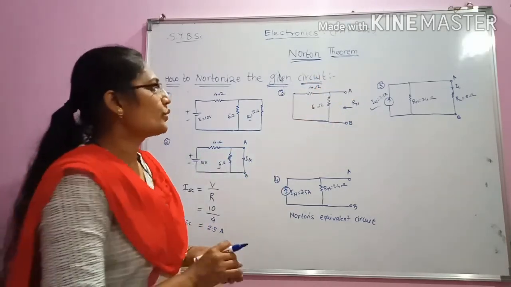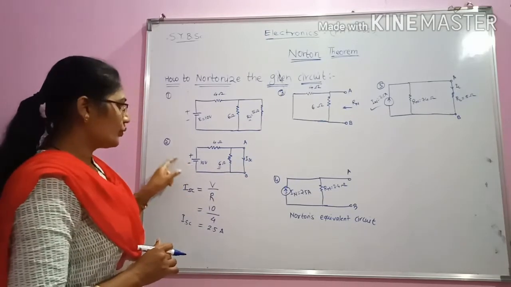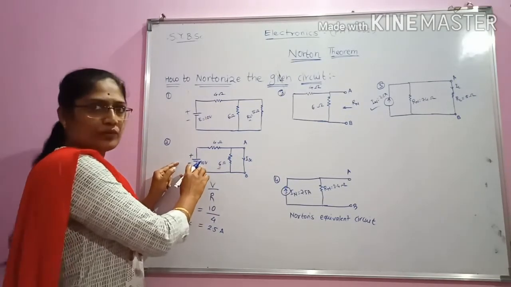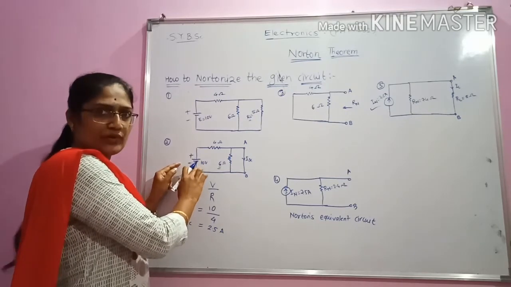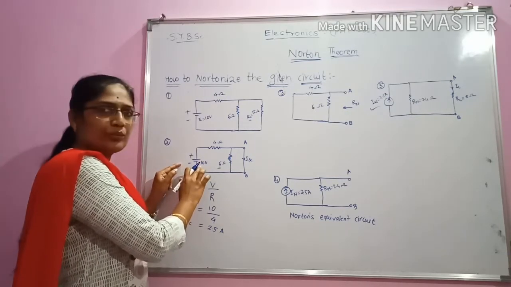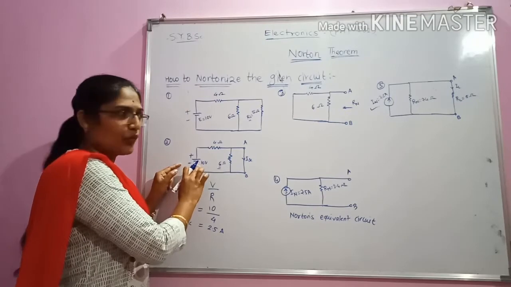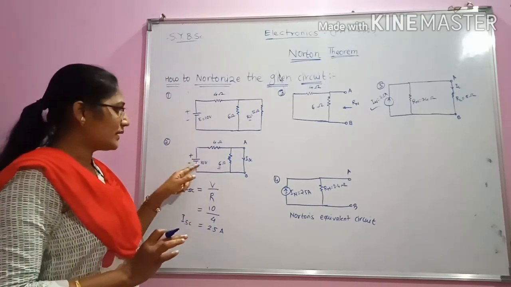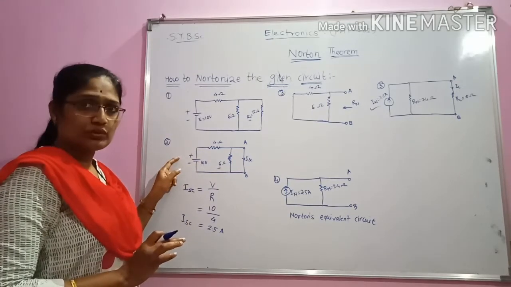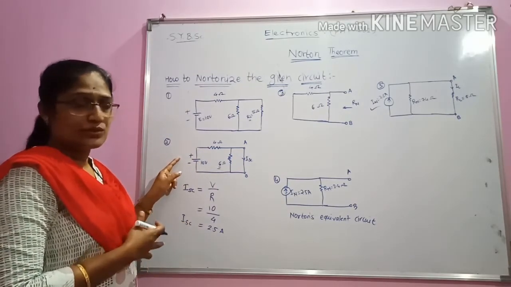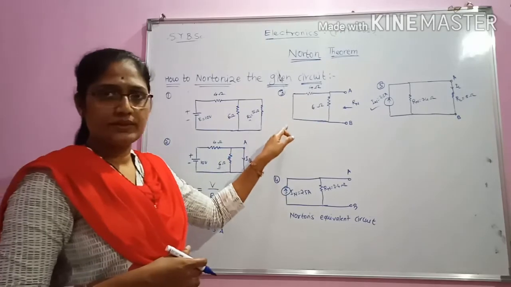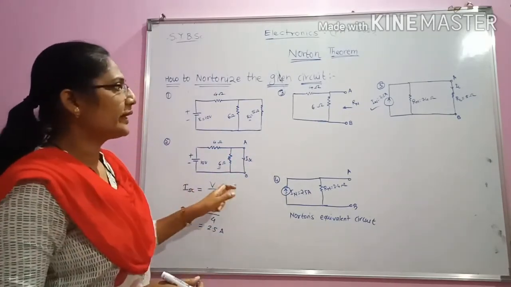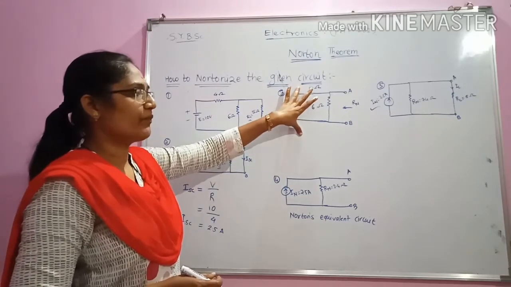So we will remove this 10 volt source, and when we remove it, we have to represent it by its internal resistance. But as the internal resistance of this 10 volt source is 0, we will not consider it here, and hence our circuit gets simplified in this way.